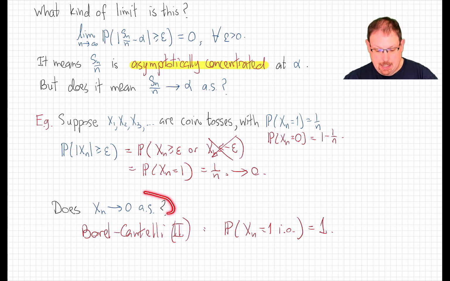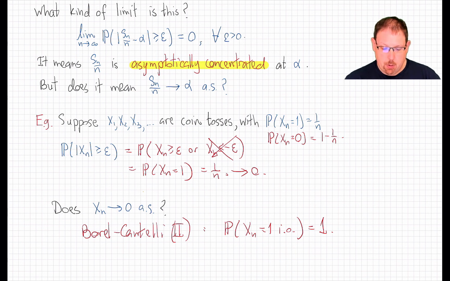So Xn does not tend to 0 with probability 1. In fact, with probability 1, it does not tend to 0. With probability 1, 1 keeps coming up infinitely often in this sequence, no matter how far out you go.